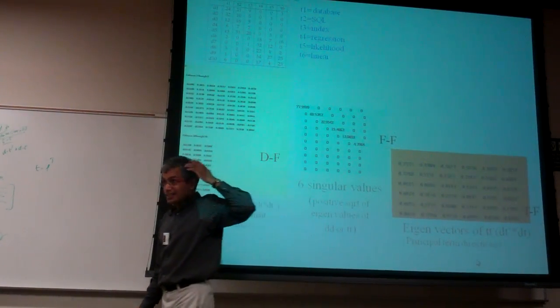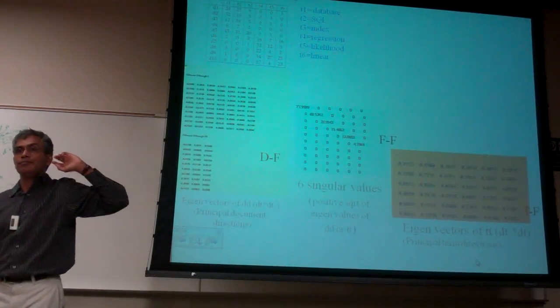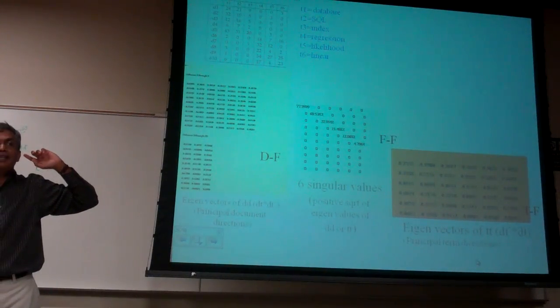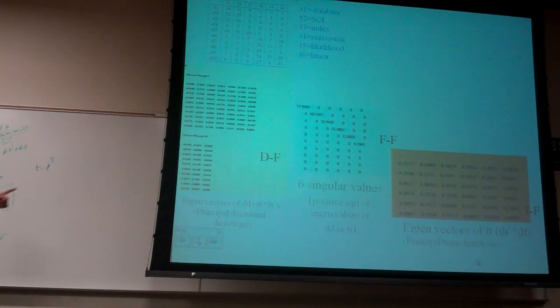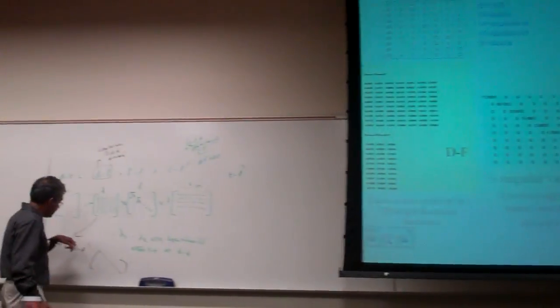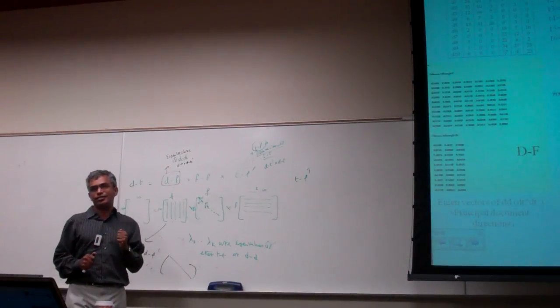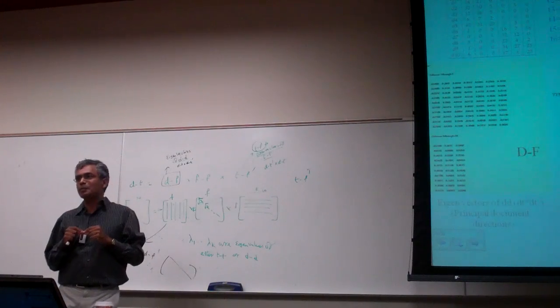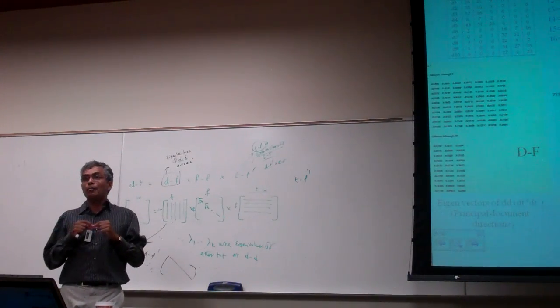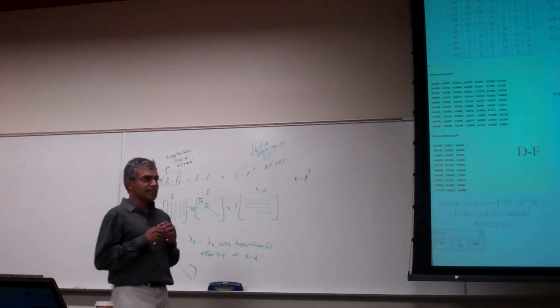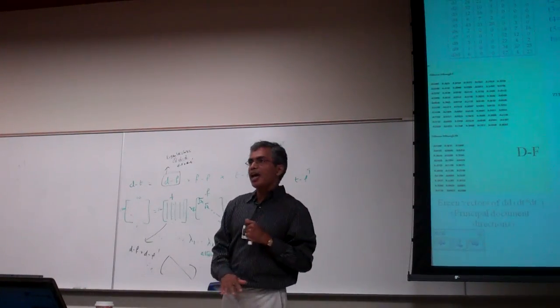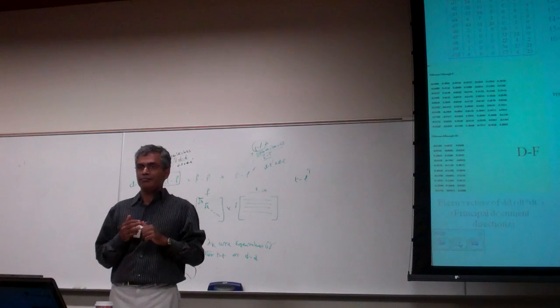Is this just for this data? Is it always going to happen? It's always going to happen. Why? Because these are the eigenvalues of the DD matrix or TT matrix, and DD and TT have a special property. They are positive symmetric. And positive symmetric matrices are guaranteed to have positive eigenvalues.